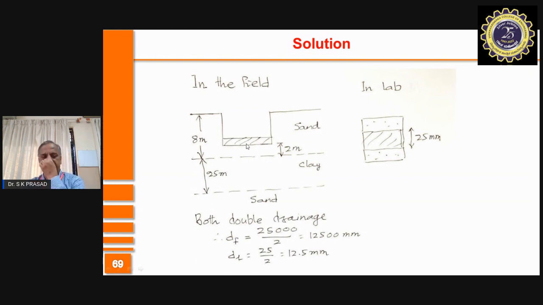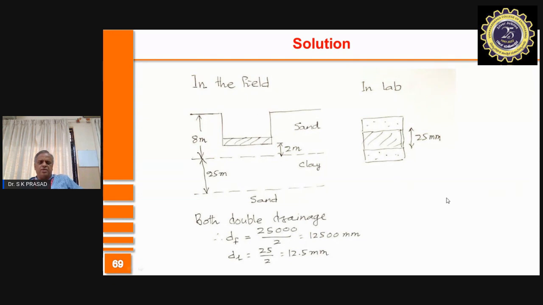And the raft foundation is provided up to a depth about 2 meters above the clay layer. So about 6 meters is the depth of excavation. And therefore, if the clay here consolidates, water can go out from the top as well as the bottom. So it has a double drainage system.